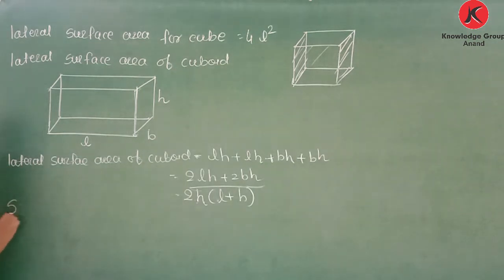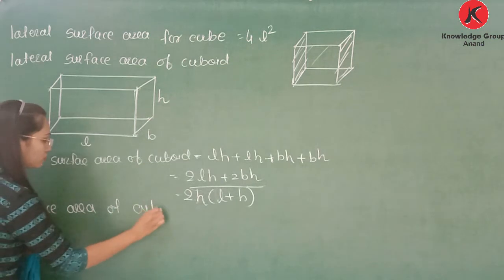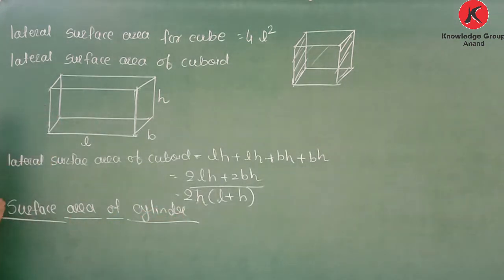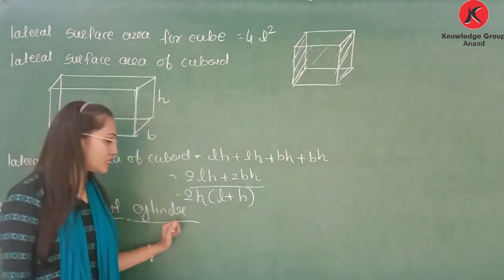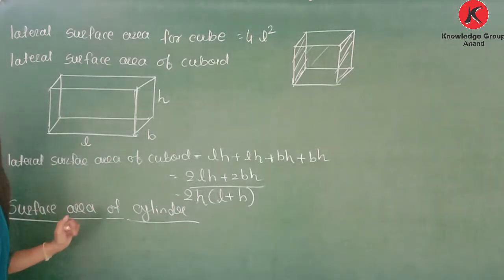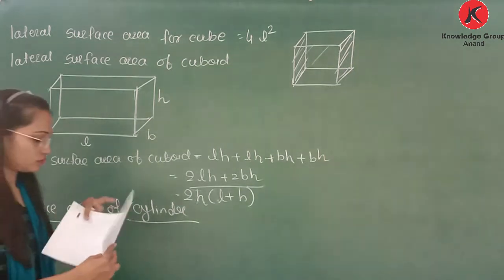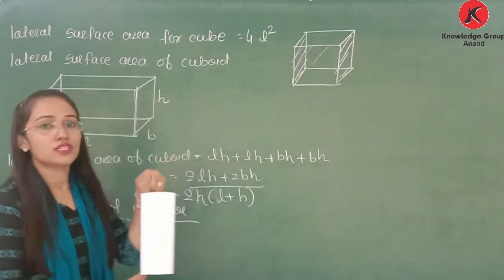Now the surface area for a cylinder. Because here we are only considering the 3D objects that are cube, cuboid and cylinder. What is the surface area for a cylinder? If we take one paper and fold it, it gives the shape of a cylinder. So what is the surface area here?